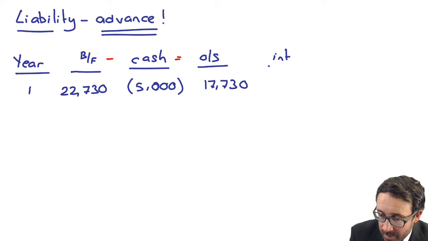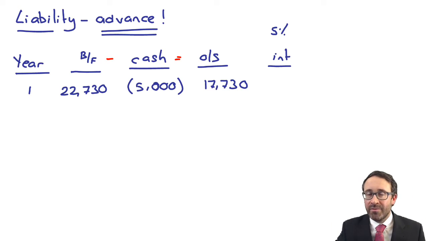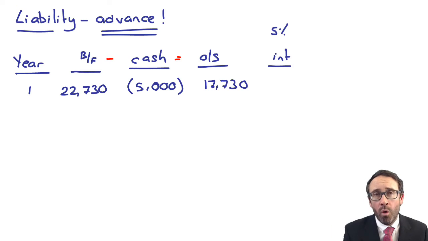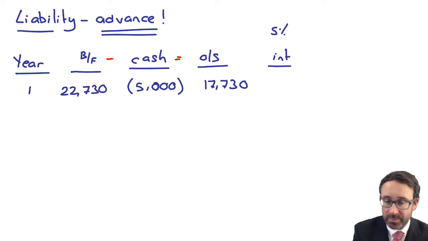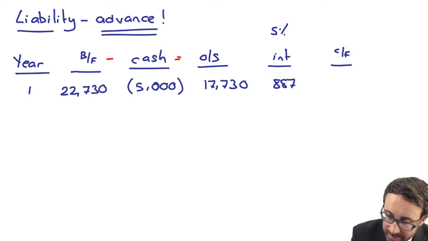You then work out the interest on that outstanding liability, because that liability of 17,730 has been in place for all of the year. So that 5% of 17,730 is 887. So we add that interest.